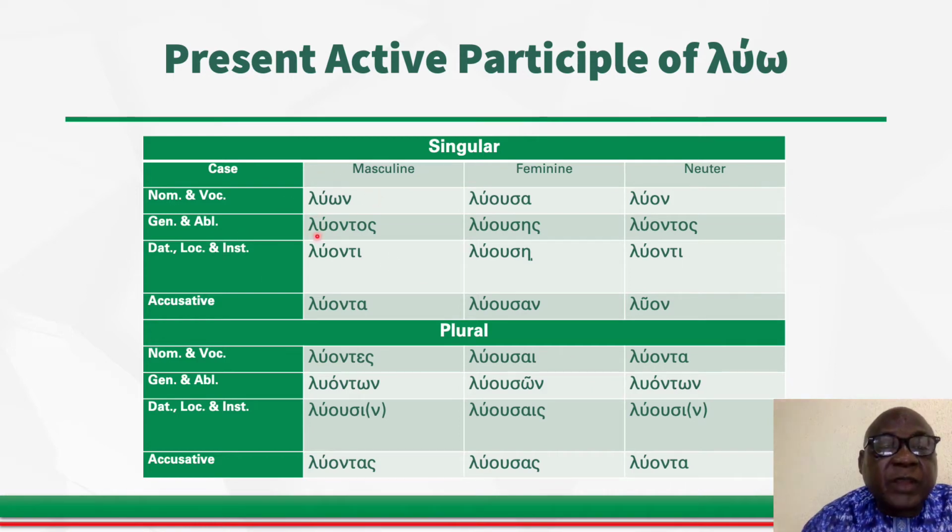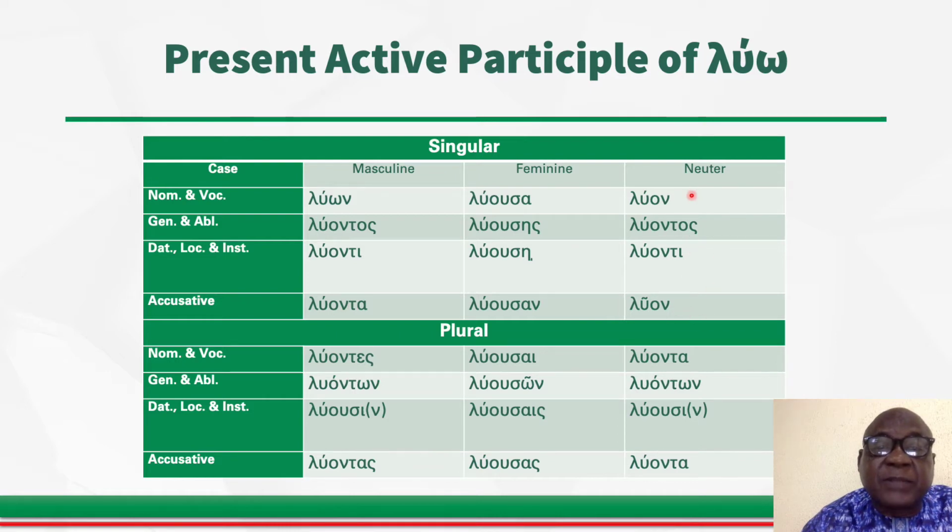So, if you look at luo, the nominative and the vocative case will be written as luon with an omega. Then the genitive and ablative will be written as luontos, which will be the same for the neuter. The dative will be written as luonti, which will be the same for the neuter. And then in the accusative, we come to luonta, and then in the neuter, you go back to luon.